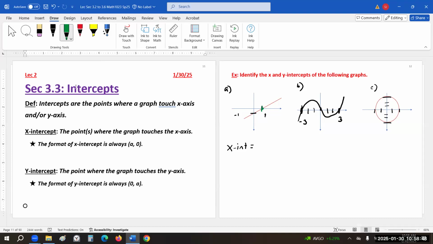So our x-intercept is x equals 1. However, we actually like to write the x-intercept and y-intercept as a point. So if you want to write it as a point, our x value is 1. And on the x-axis, all the y values are 0. So it's (1, 0).